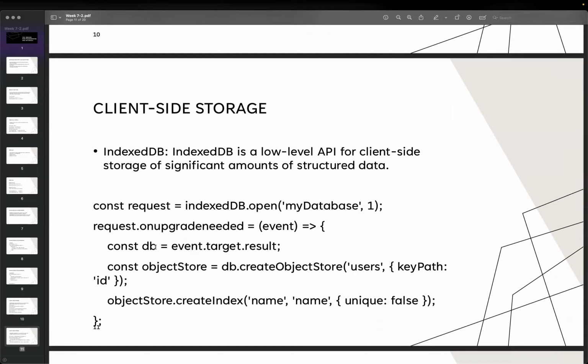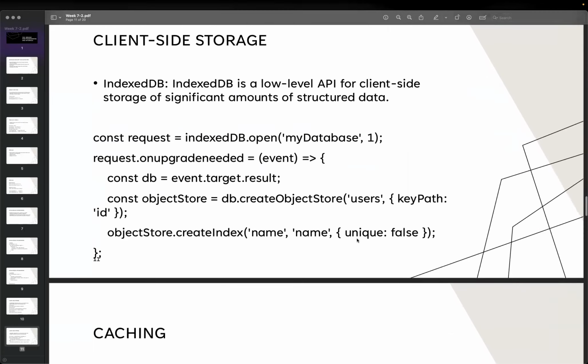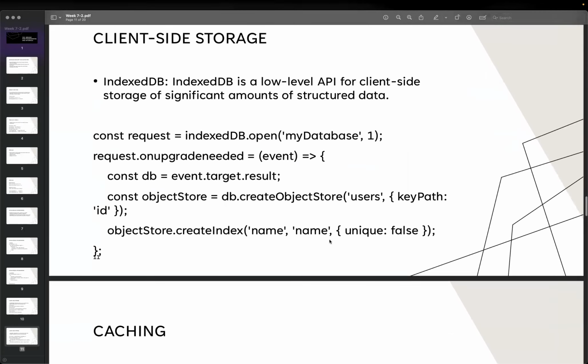This one assigns a db. You can use this db to create the object store, with keyPath, for example a user store with keyPath id. Then you can create the index, where the index will be the name, and then maybe you can define unique as false.